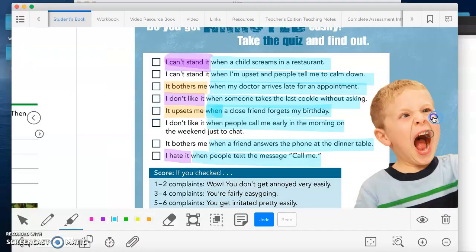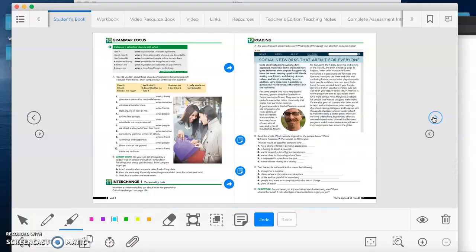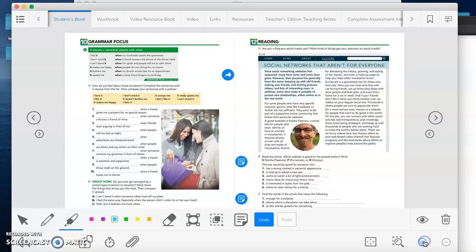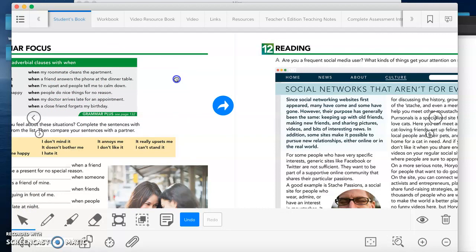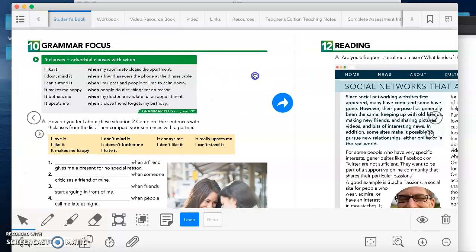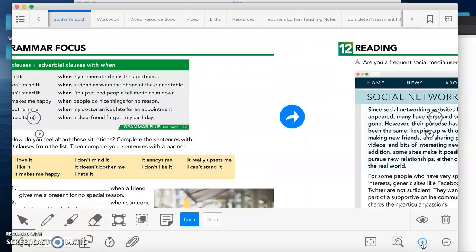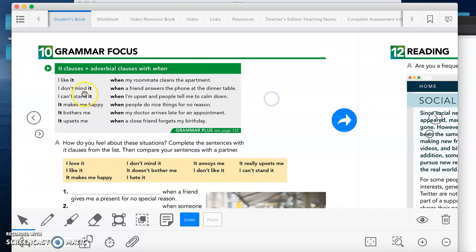So let's go back to the book. Here, this is what we have. For example, we have the same thing. We have it clauses as part A, and then we have the adverbial clauses as the second part.